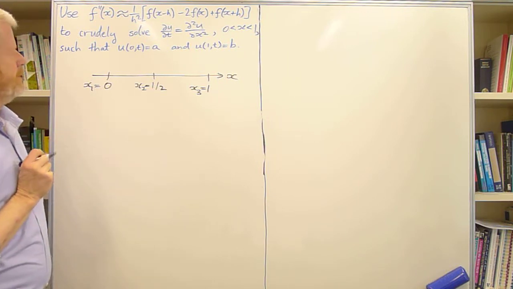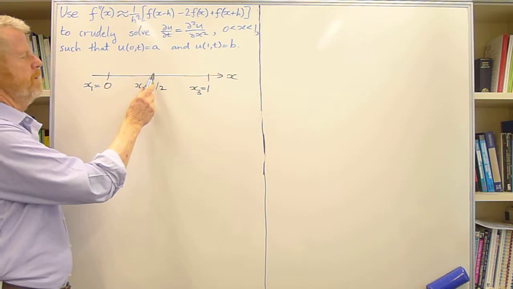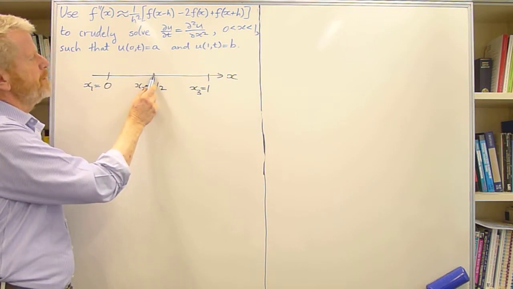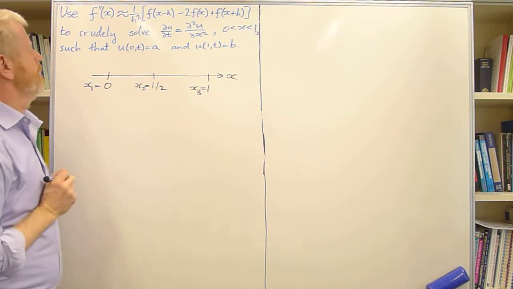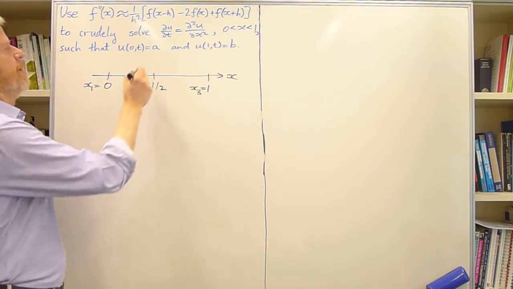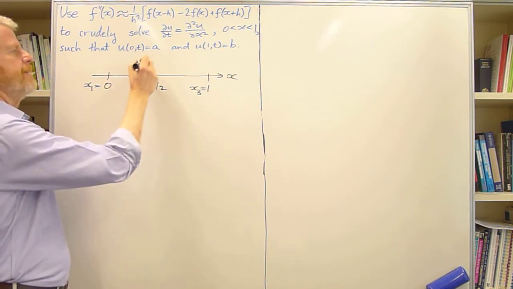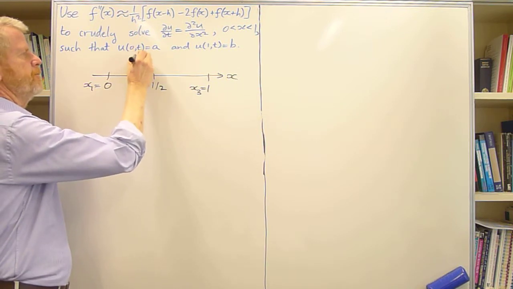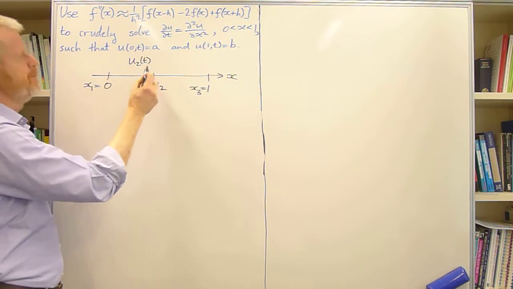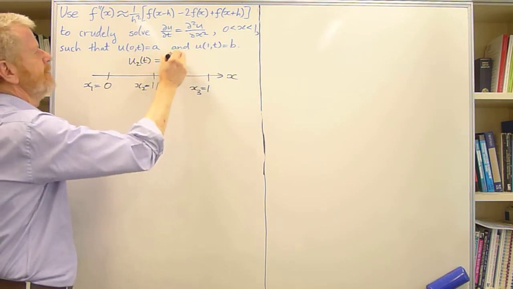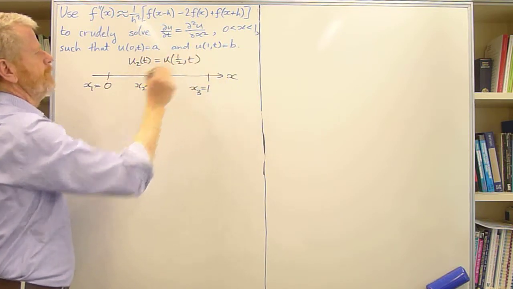Now what we're going to ask is what is the value of the field u at this point x2, right? And let's define that u2 of t, so whatever u is at this point as time varies, is u of a half, t.